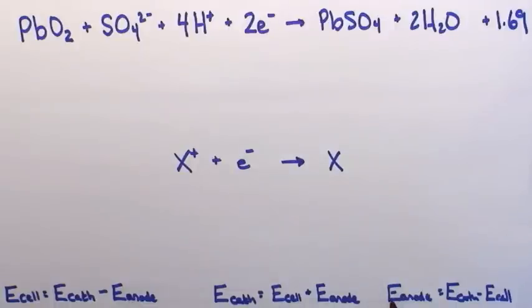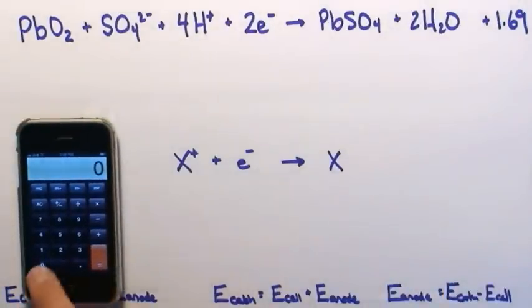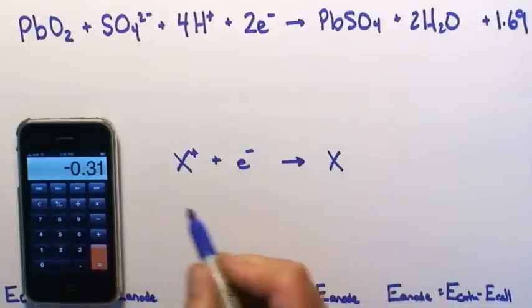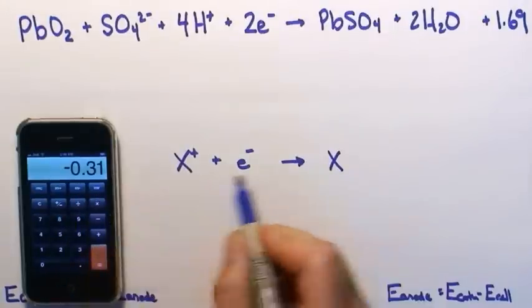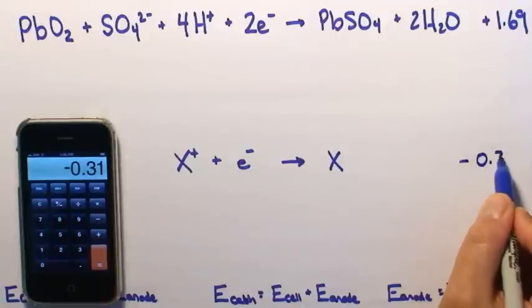And this is just a manipulation of this equation, where the E anode, which is what we're looking for, is equal to the E cathode minus the E cell. Now, the electrical potential of the cathode is 1.69, and subtract the electrical potential of the cell, which is 2.0. And so the reduction potential for this half reaction is negative 0.31.